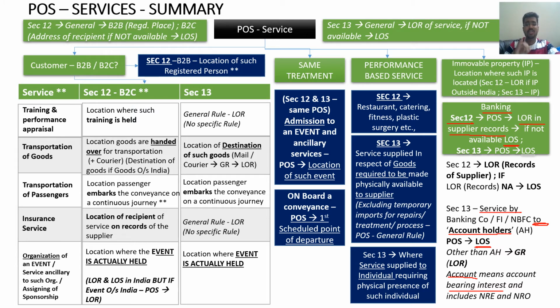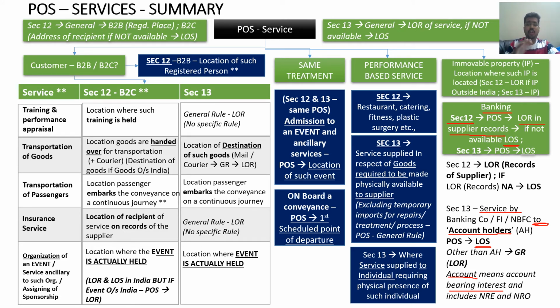It includes NRE and NRO, non-resident external and non-resident ordinary accounts. So if an NRA is having an NRE account or other accounts which pay him interest on the balance he has kept with the bank, then for those accounts, the person having such an account is considered to be an account holder.